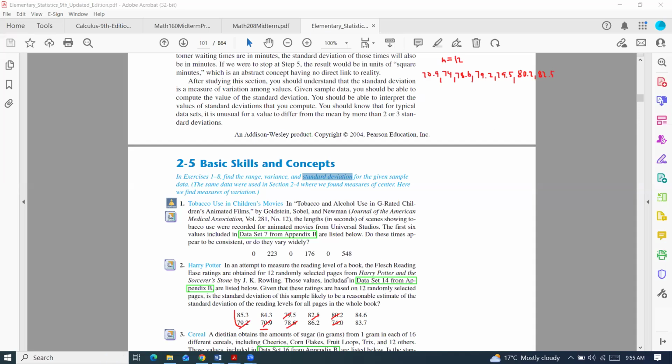And the good thing is we don't have many elements in here, so we're almost there. So 83.7, 84.3. Okay. Almost done. And we also have 2 more, right? So 84.6, 85.3, 84.